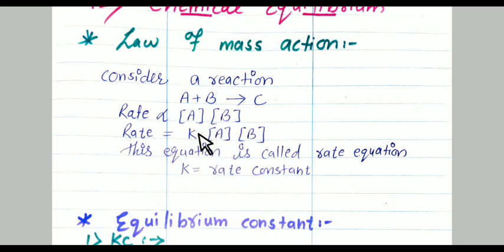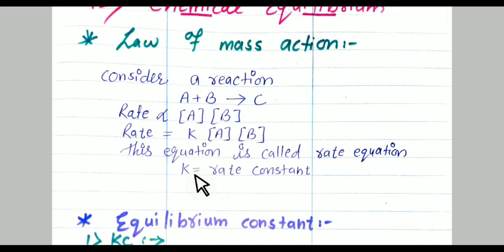So what is the equation? Rate is equal to K concentration of A into concentration of B. This equation is called the rate equation and K is called the rate constant.